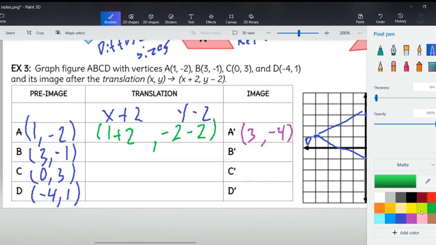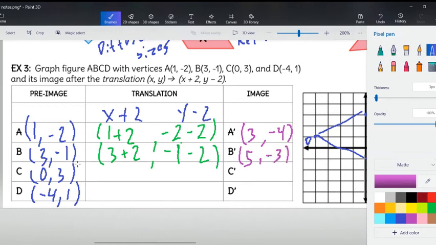Next one, we would do 3 + 2 and -1 minus 2. All right. So for this one, 3 + 2 is 5, and -1 minus 2 is -3.